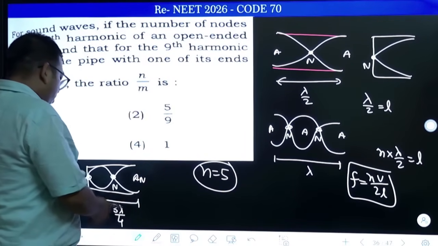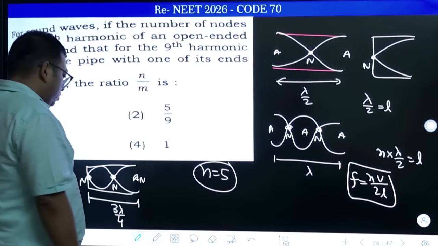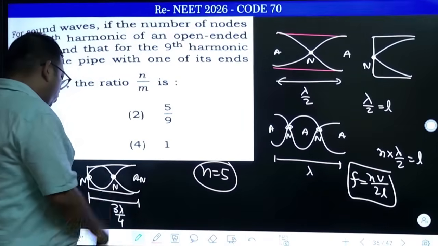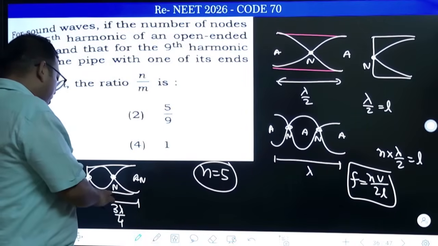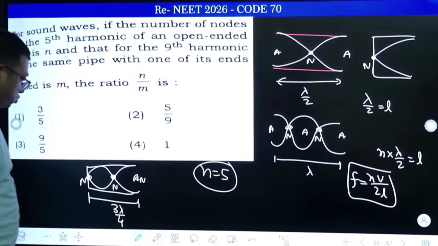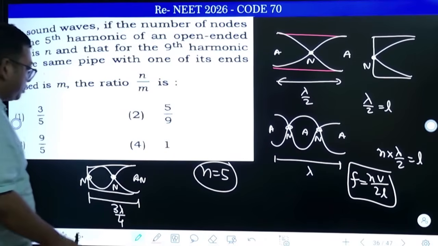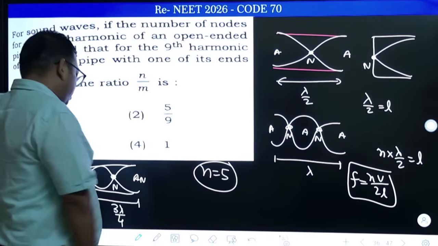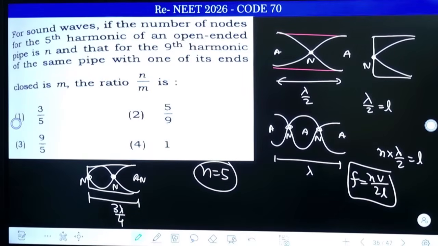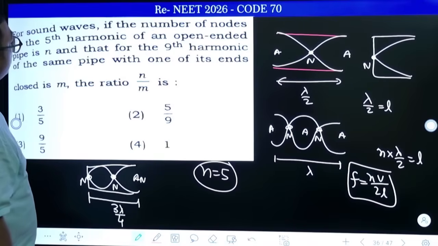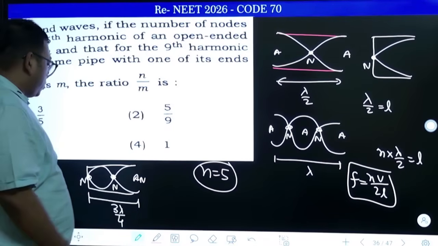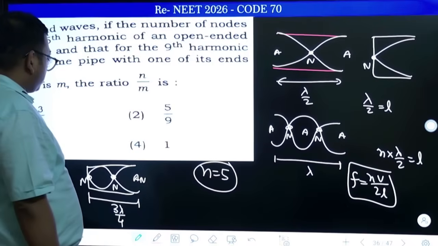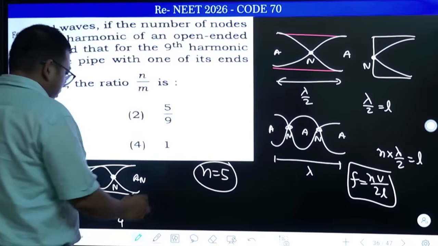So the first harmonic means one node only, but the third harmonic, two nodes. Next, the fifth harmonic, if you take, then one extra node will come, right? Fifth harmonic means three nodes. After fifth, the seventh harmonic means four nodes, right?